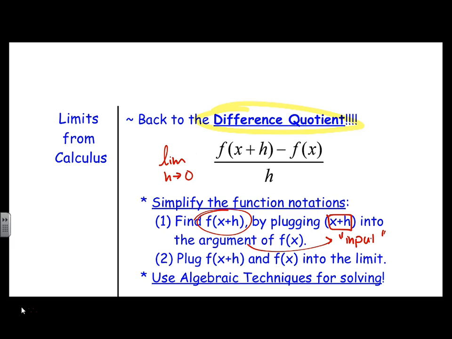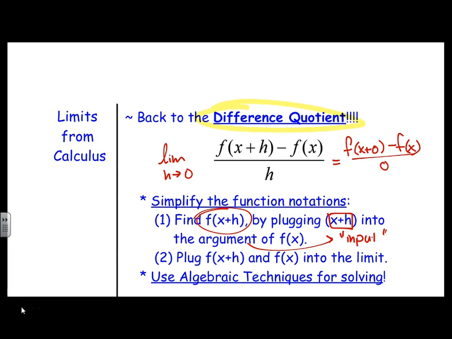But if I try to solve the limit, kiddos, what is f of x plus 0 minus f of x all over 0? Before I ever plug in for any function, the difference quotient is always going to be 0 over 0. The difference quotient won't exist, but what will exist? The limit.